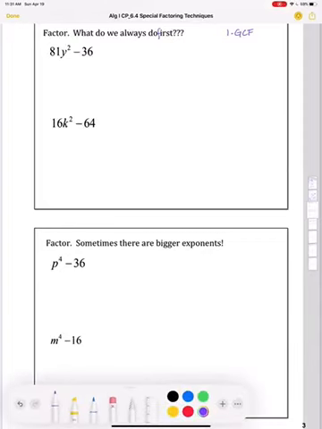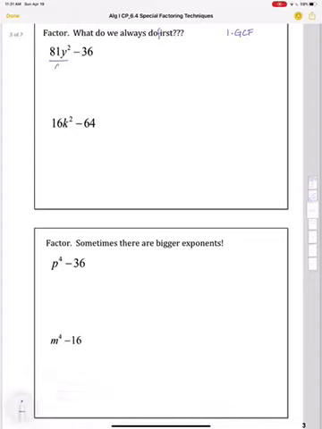So let's see. 9 goes into both of those. If you divide by 9 and divide by 9, you would get 9 times 9y minus 4. Oh, I'm sorry, y squared. And then, once you factor the GCF, you always have to check, can we keep factoring?